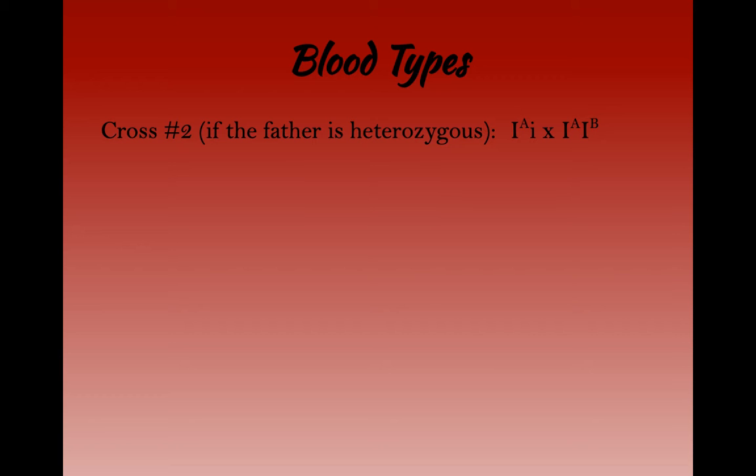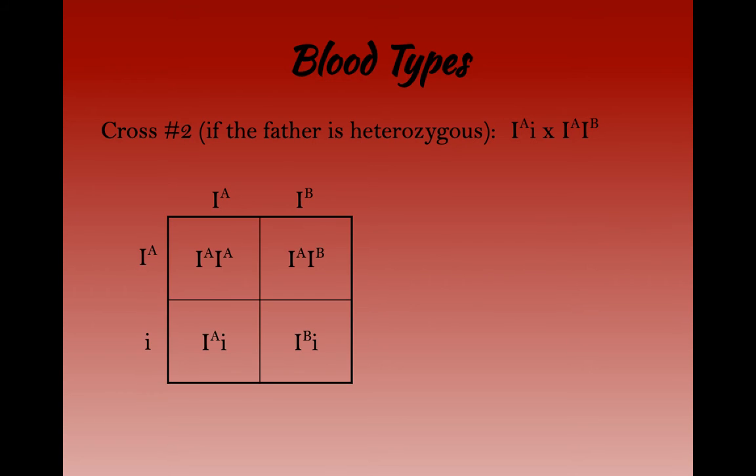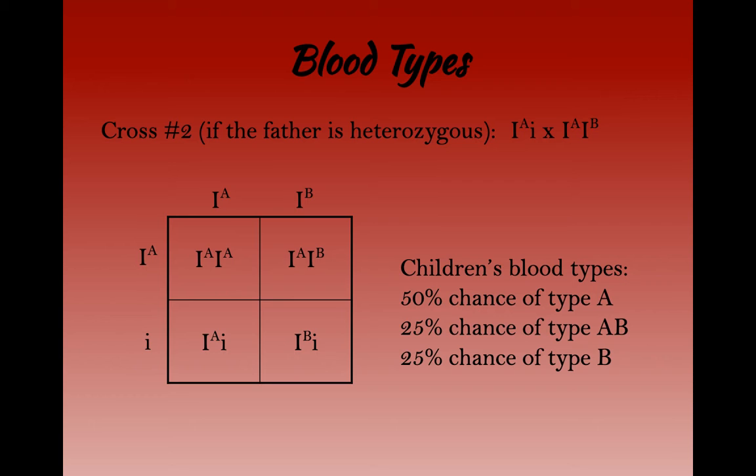If the father is heterozygous, which means he can give either an A allele or an O allele, which is the little i, and again, the mother is an A and a B. We fill in this Punnett square, and in this case, there is a 50% chance of type A, either homozygous A or heterozygous A. There's a 25% chance of AB and a 25% chance of B.